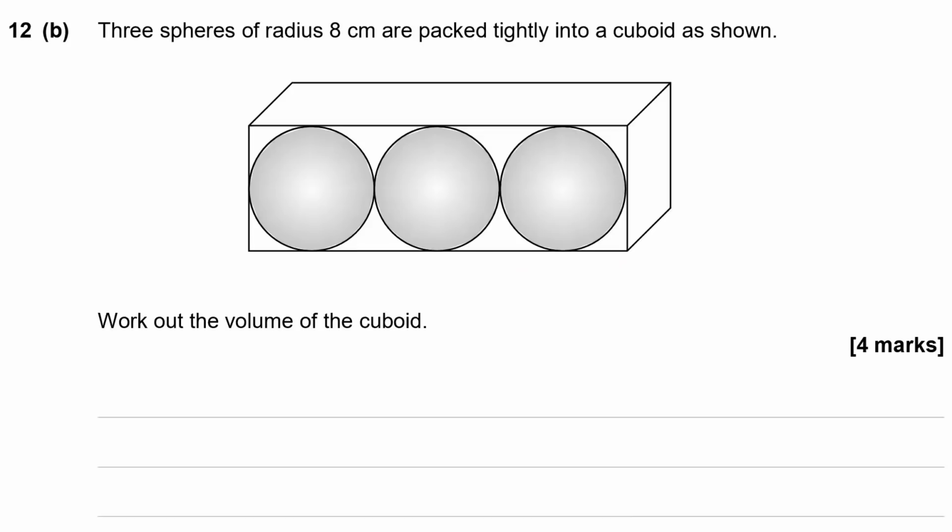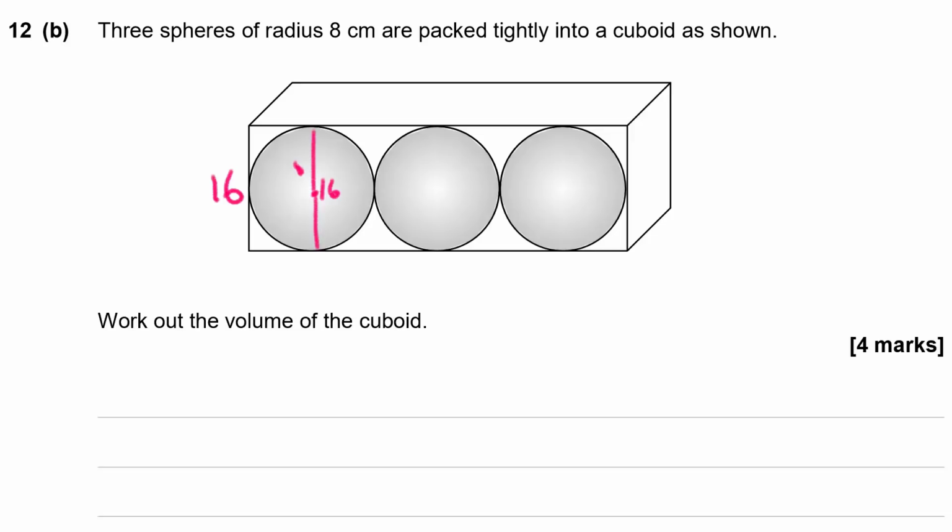In part B, we have 3 of the same spheres, each again with radius of 8 centimeters, tightly packed into a cuboid box. We need to work out the volume of the cuboid. Now remember that the radius of the sphere is 8, so all the way across is going to be 16, and that then is going to be the height of our cuboid.